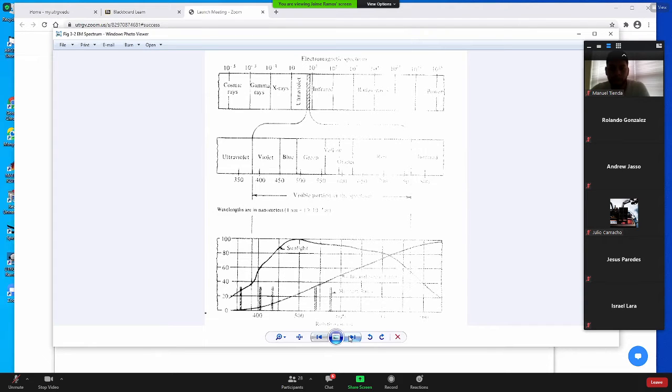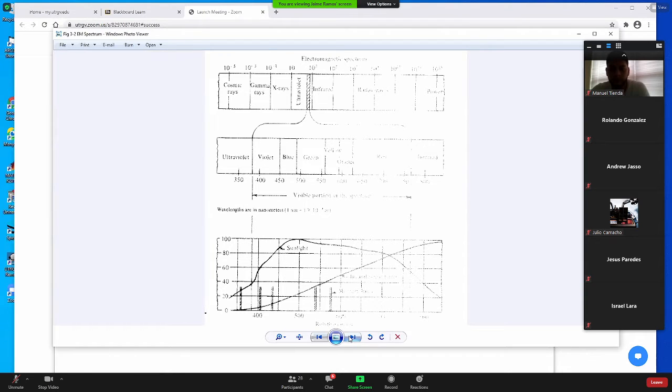So on the top figure, it's not very good quality, but I hope you can make out the visible range. And then on the second band, we see an expansion of the visible wavelengths from violet to red. That's the one that is most blurred.